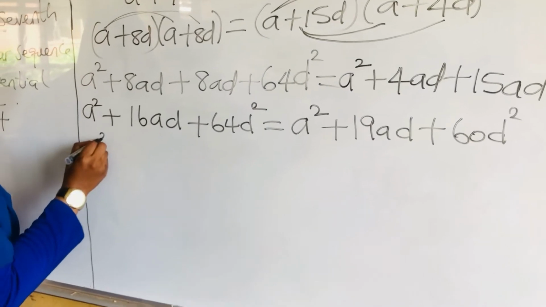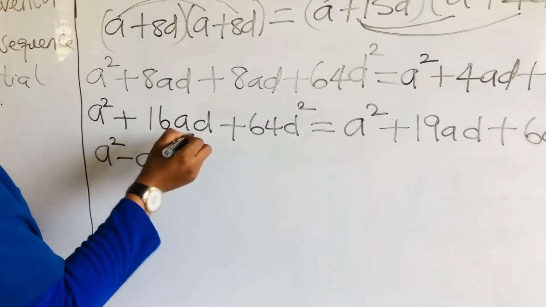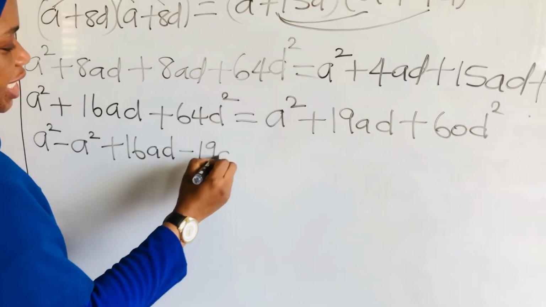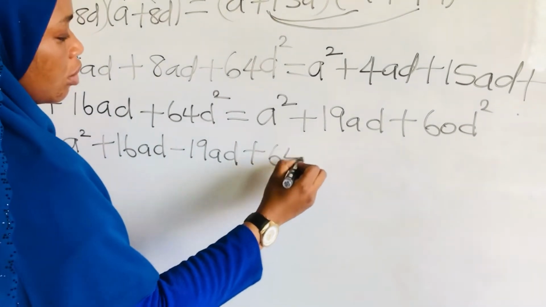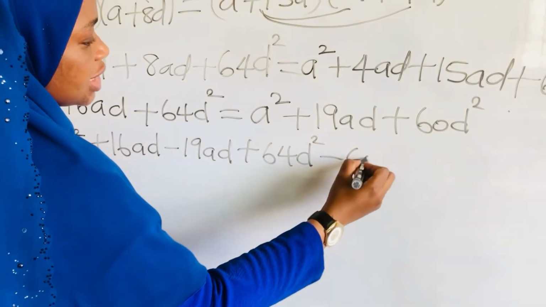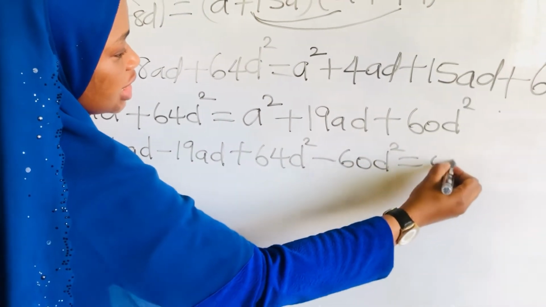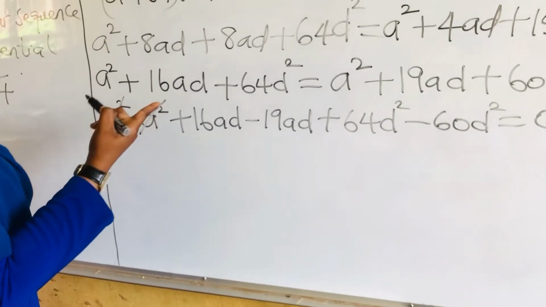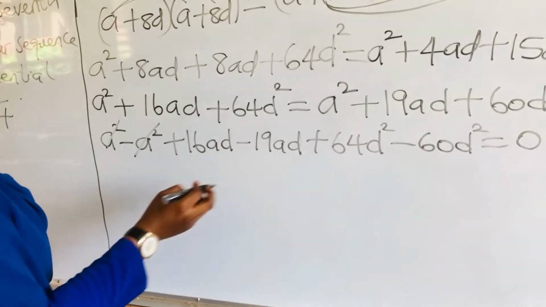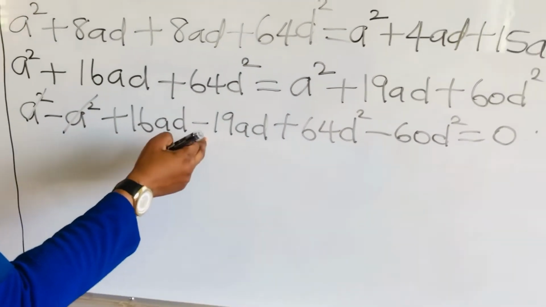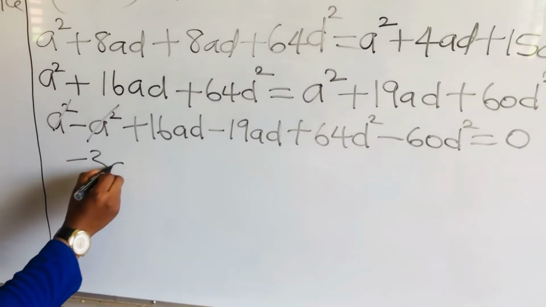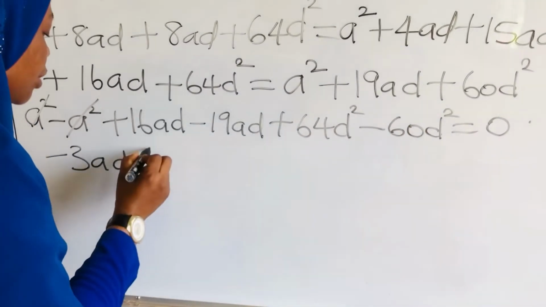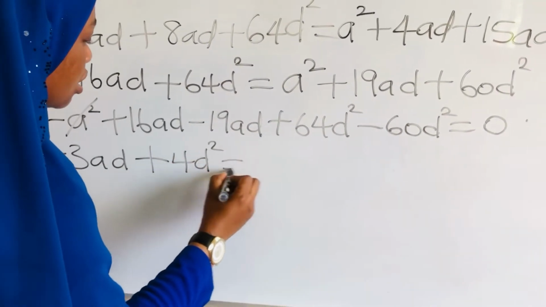So a squared minus a squared plus 16ad minus 19ad plus 64d squared minus 60d squared, everything is equal to 0. So here positive a squared we cancel negative a squared. So we are left with plus 16ad minus 19ad gives minus 3ad. Then plus 64d squared minus 60d squared gives plus 4d squared is equal to 0.